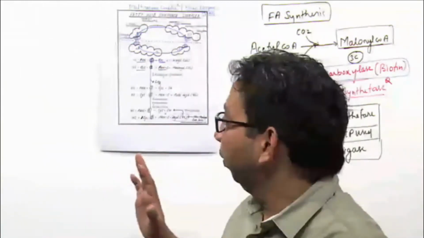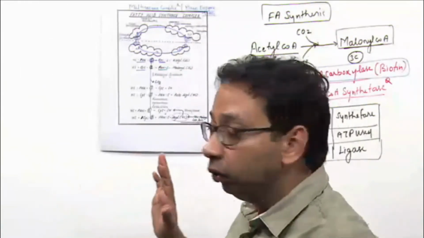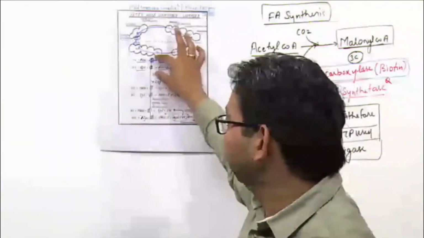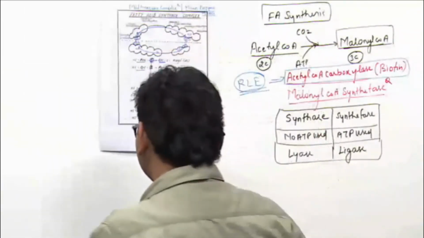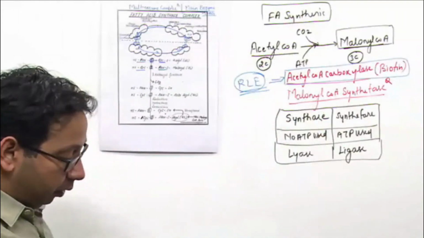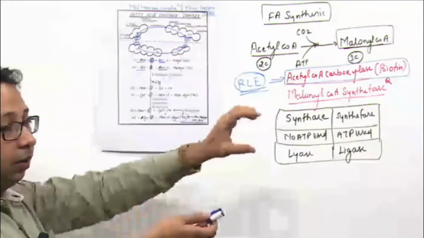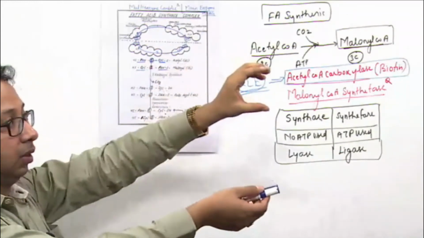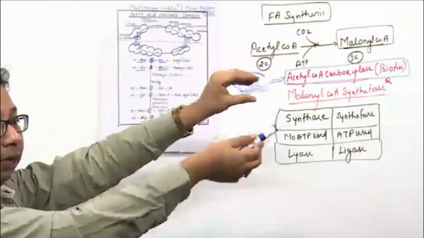I told you the structure of the fatty acid synthase complex, and you can represent it like this. Look at me. Suppose this is the cysteine end and this is the pan end.